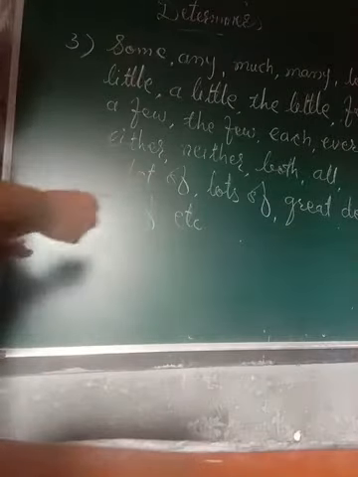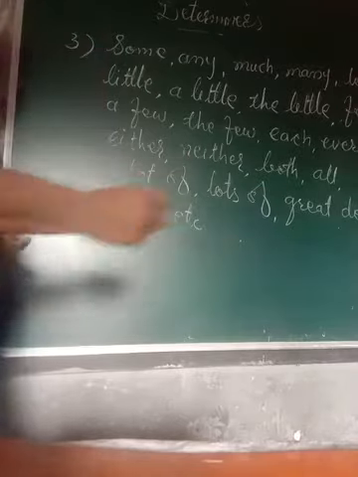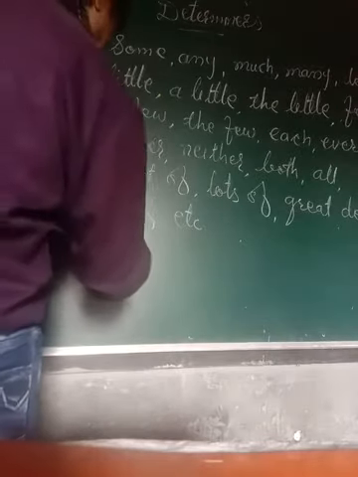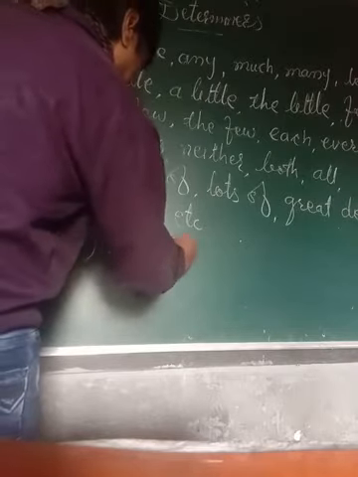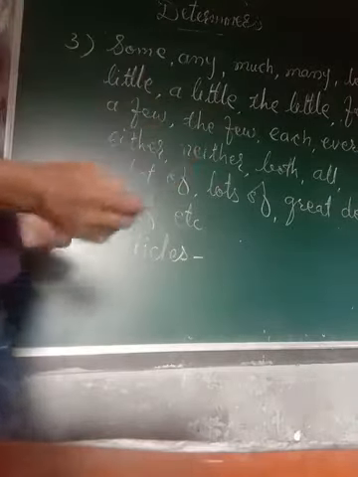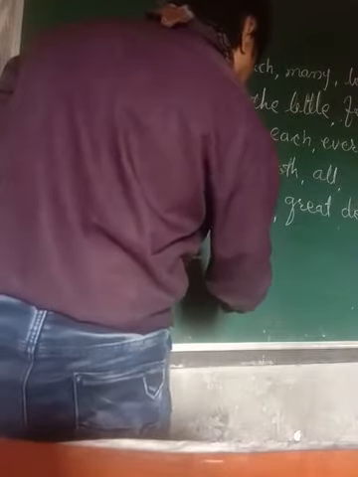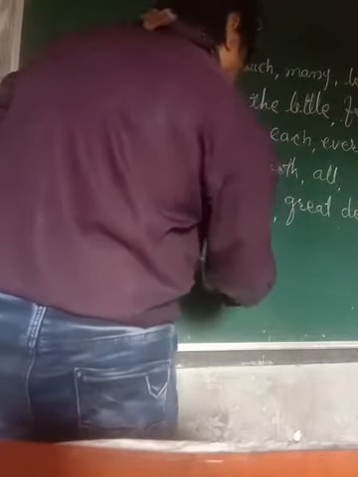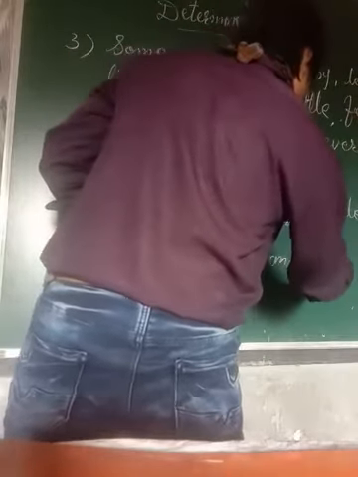And one more thing, articles are number 4. I want to take the articles into consideration. They are also determiners. And you know very well which are the articles: a, an, and the.